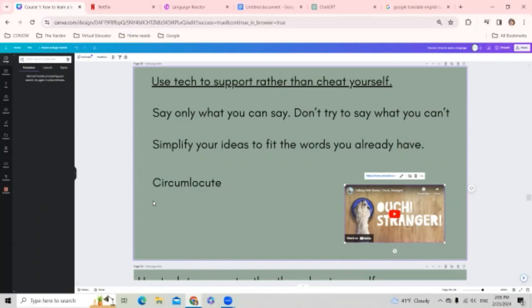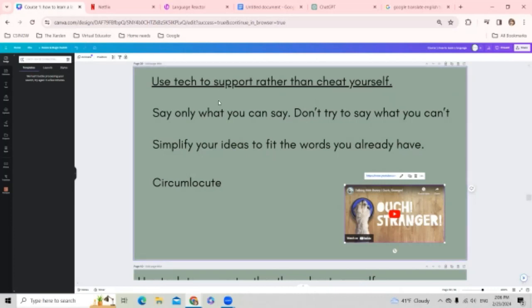She is able to communicate with the wrong word because she uses the context. Ouch. How can a stranger be hurting Bunny right now? A stranger can't be hurting Bunny. So the person understands, oh, something must be touching that's not part of Bunny.